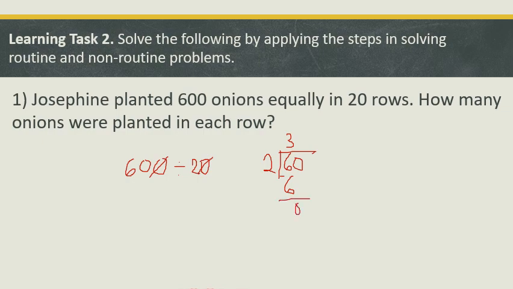Bring down 0. So, 0 divided by 2, 0 pa rin siya. 0 times 2 is 0, and 0 minus 0 is 0. So, ilang onions po ang maitatanim sa isang row? So, 30 onions.